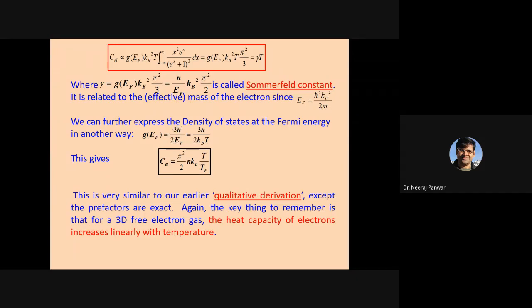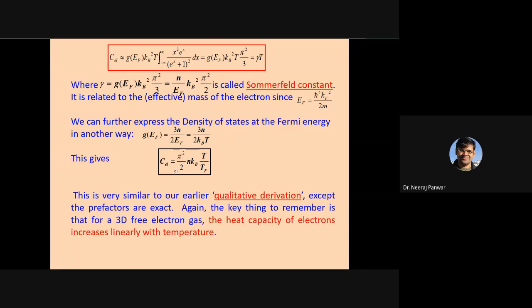by 2 n divided by 2 EF, and in place of EF we write kB into TF. So the expression for the electronic specific heat would come out to be pi square by 2 n kB into T over TF. So here we can see that this is more or less the same expression as we derived qualitatively.